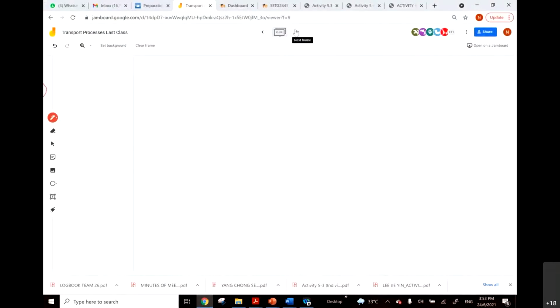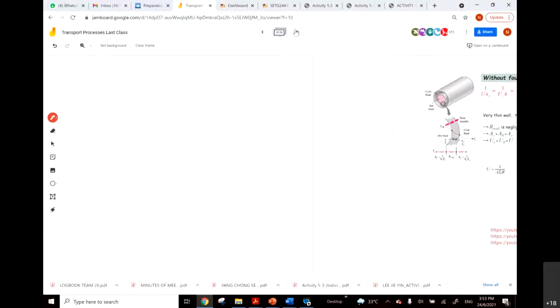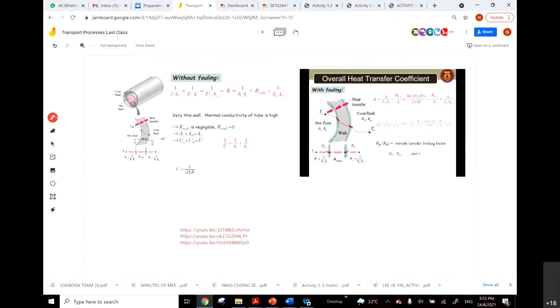I will go to this slide. Nothing? Okay. So you can see it here already. What can be assumed in order to neglect conduction? Try to look at this part.